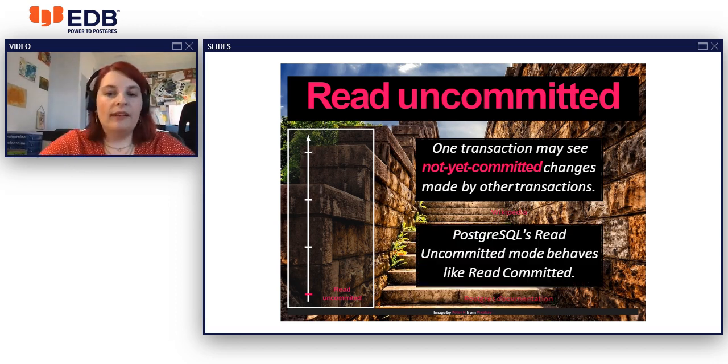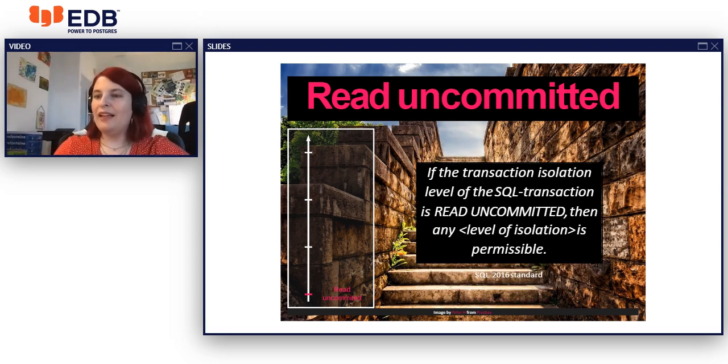And Postgres decided that the read uncommitted mode that is available in Postgres will behave exactly like the next level, which is read committed. Does it mean that Postgres is not SQL compliant? No, of course not, because the SQL standard is pretty clear on that.